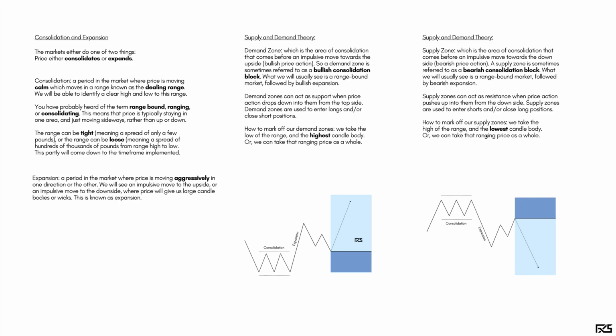But what I like to do is just take that trading range as a whole, so the high and the low. But in some examples, if we've got a huge wick, then we can use our initiative and take the candle body and just look to see where the actual range is, and not account for that wick.